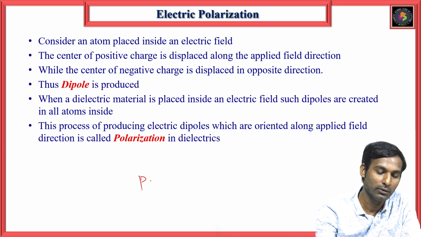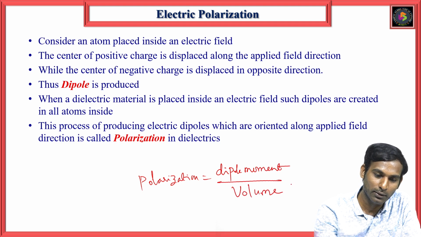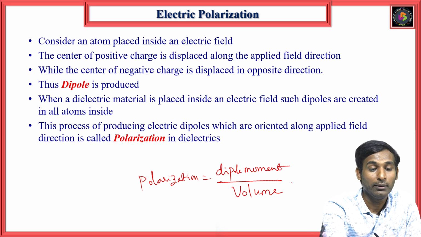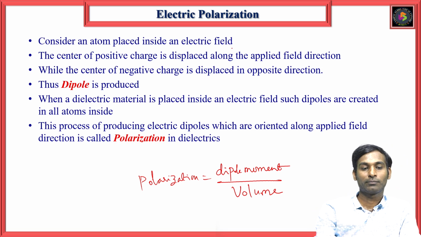We write here: polarization is equal to dipole moment divided by volume. Based on this definition, consider an atom placed inside an electric field.